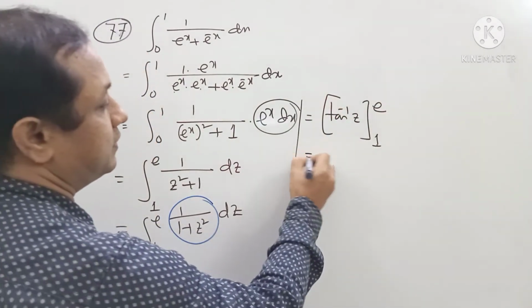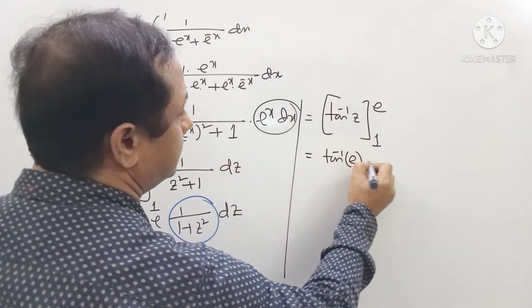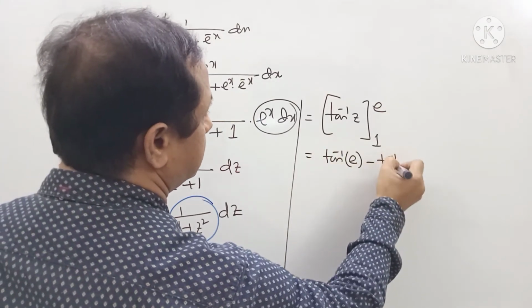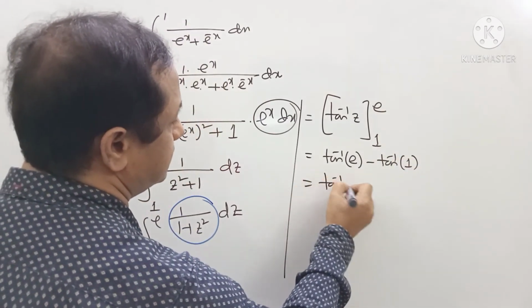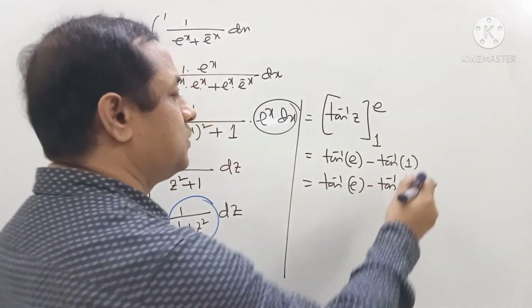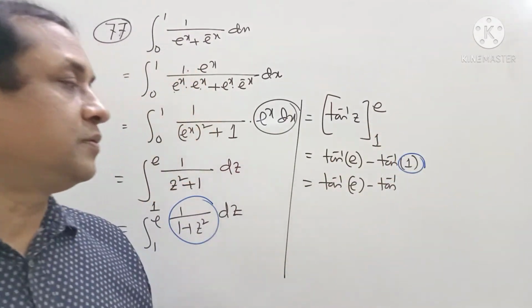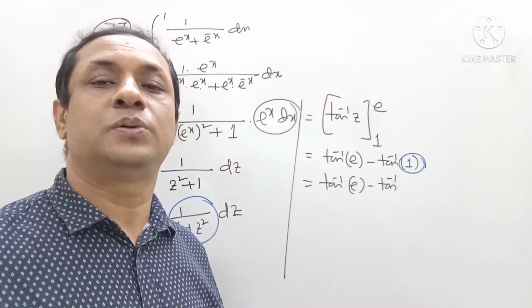Now putting the upper limit e minus tan inverse of the lower limit 1. So tan inverse e, then we know tan inverse 1. What is the value of 1? We know that tan pi by 4 equals 1.